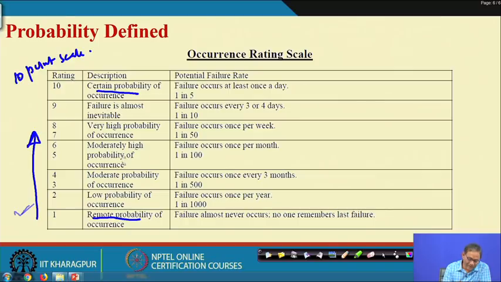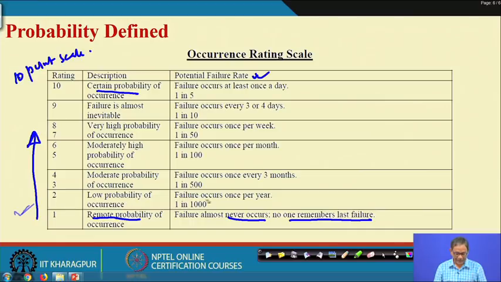So, these are all subjective descriptions, but you must have some reference so that you know how to put a value of 1 or 10. This is the failure with reference to potential failure rate. The 1 means failure almost never occurs, no one remembers the last failure.